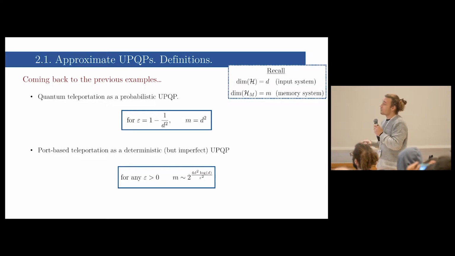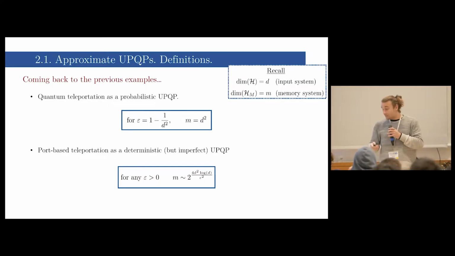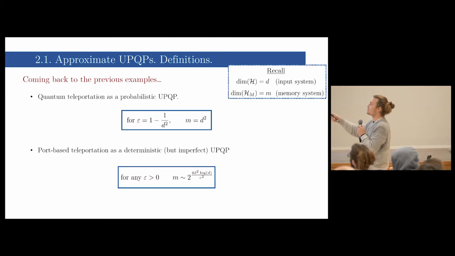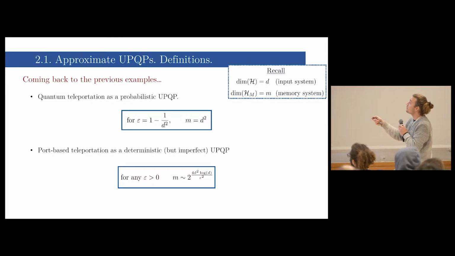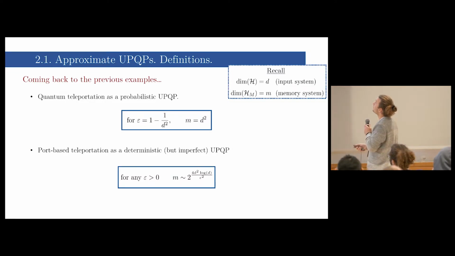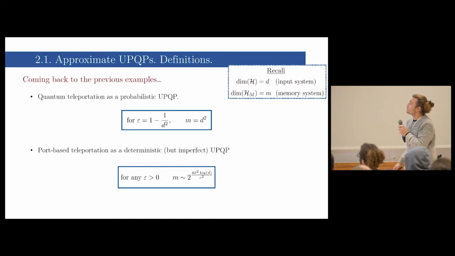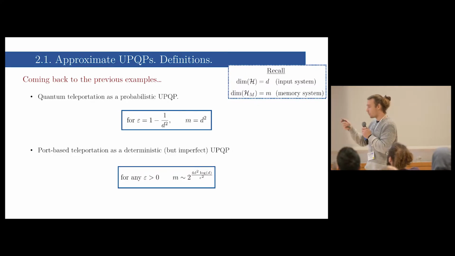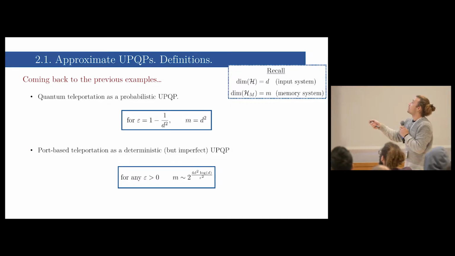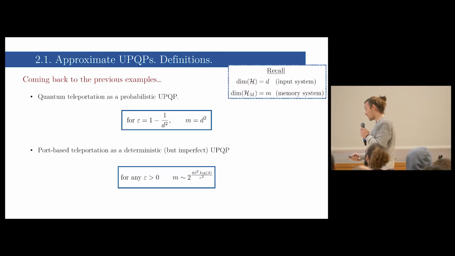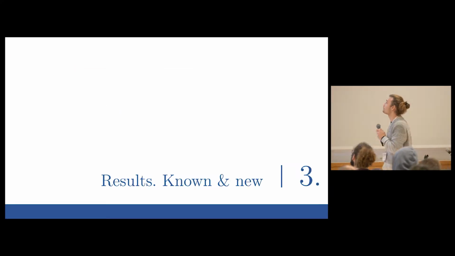In the case of port-based teleportation, we are able to achieve an arbitrarily small error, but the trade-off is that we need a huge memory dimension in our protocol. So now we are going to study these kinds of trade-offs between these two parameters and the memory of our machine, our epsilon UPQP.